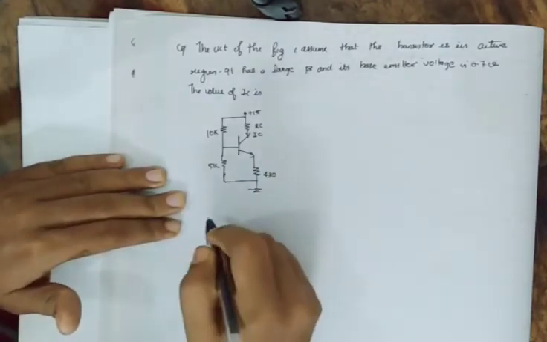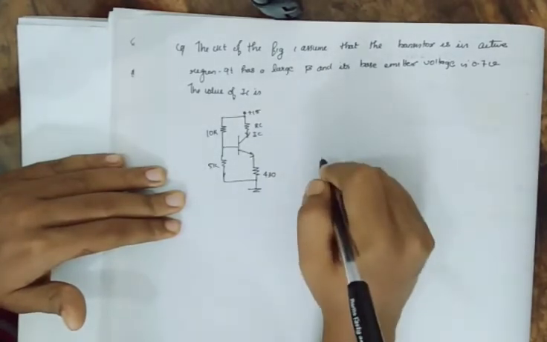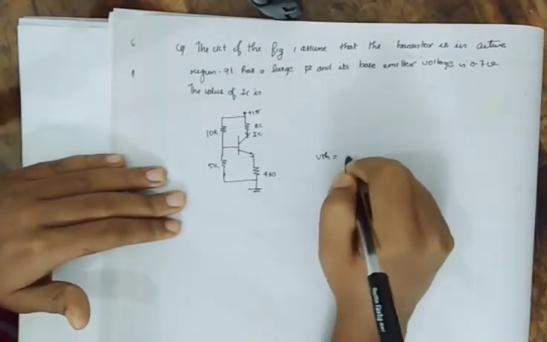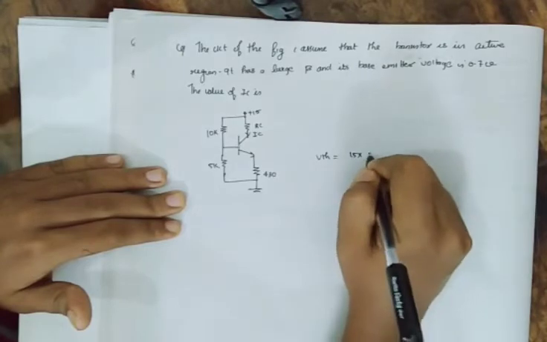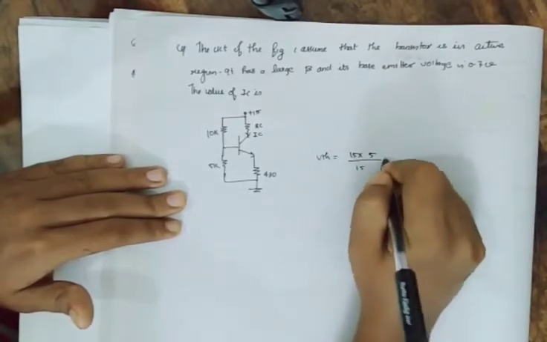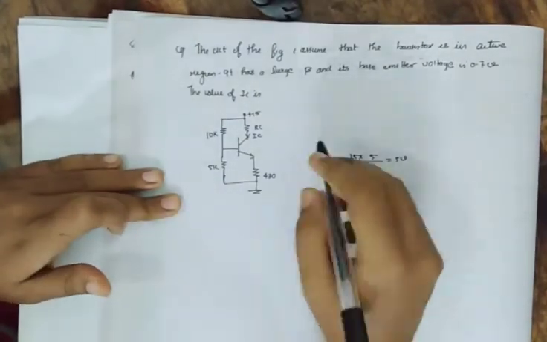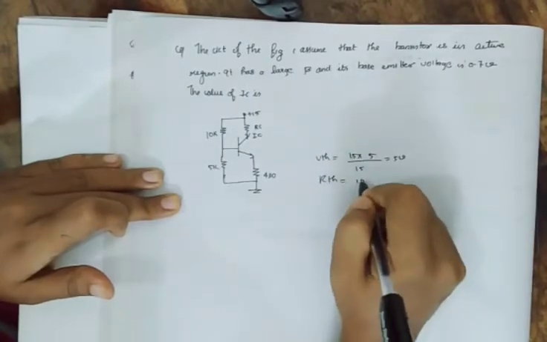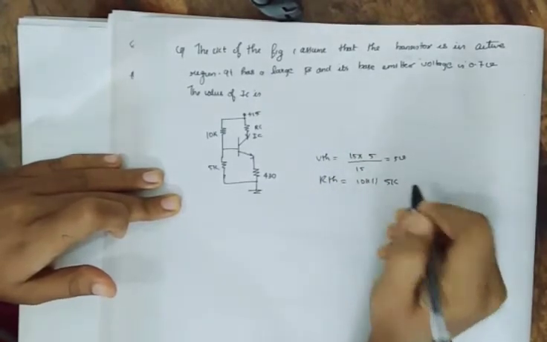Okay, so I'll redraw the circuit with VTH and RTH. VTH is equal to 15 into 5 divided by 15, which is equal to 5 volt. Again RTH is equal to 10K parallel 5K.